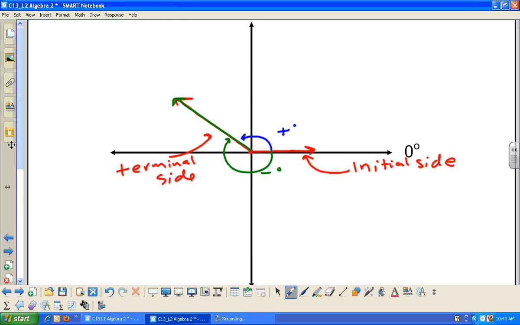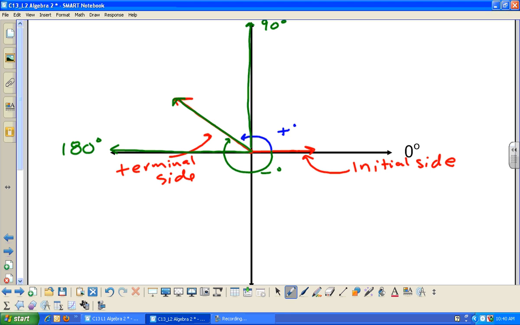Now, if I'm going to be using the xy axis to talk about angles of rotation, if I'm starting at my initial side, if I move up to my positive y-axis, this would be 90 degrees. And then if I go to the left-hand side of my x-axis, this would be a rotation of 180 degrees.